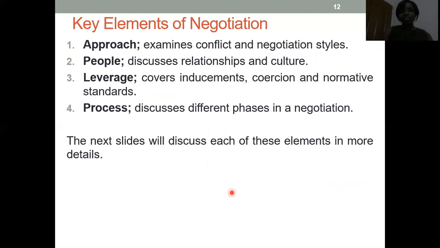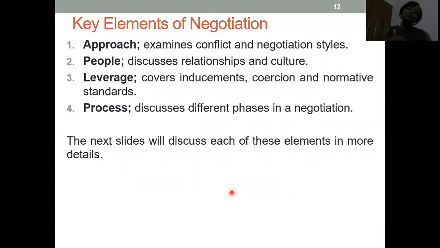The first key element is approach. Approach looks at the style of negotiation. It examines the conflict and then determines what style. Each conflict has a particular style that you're going to use in negotiation. We shall cover that in detail during that class.